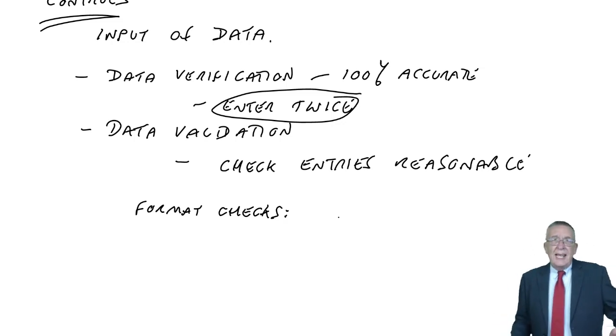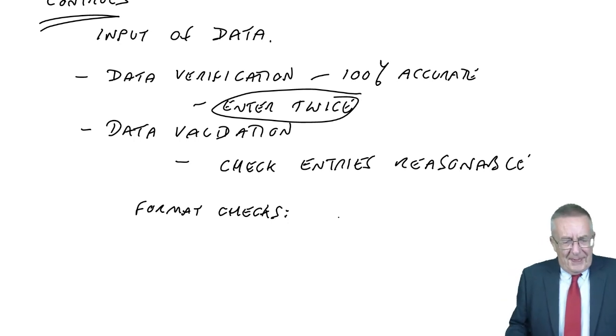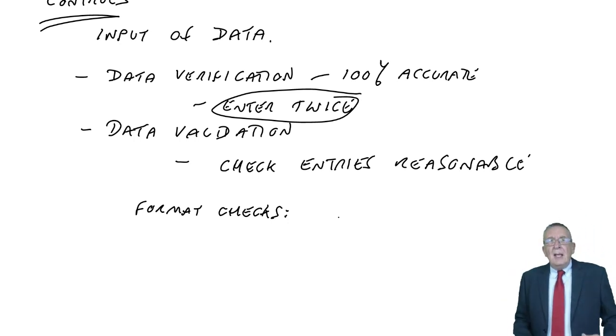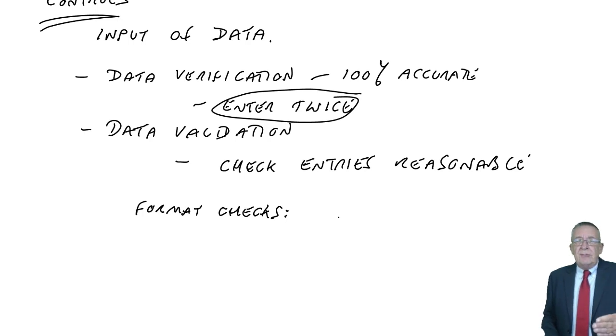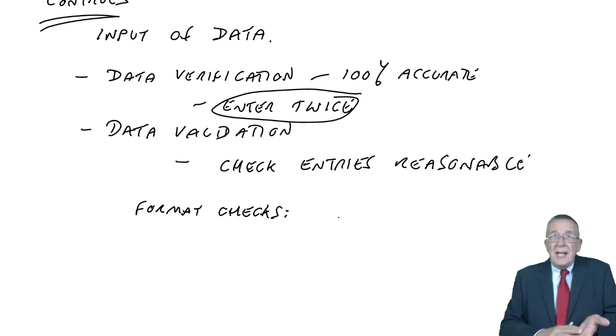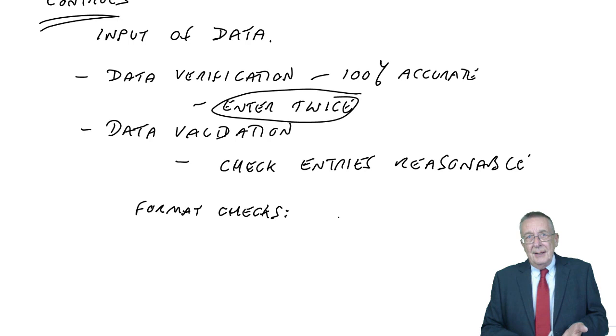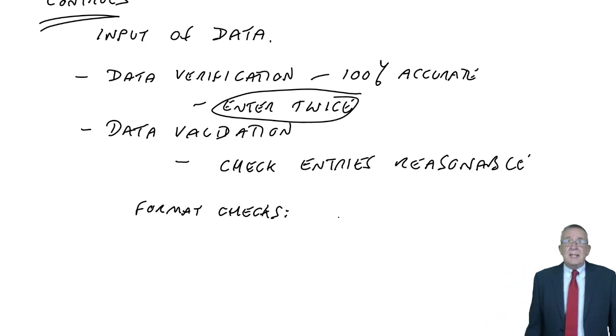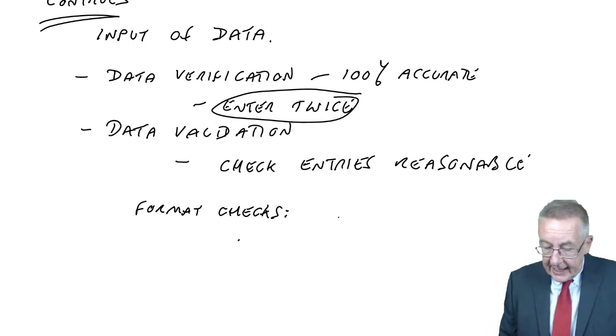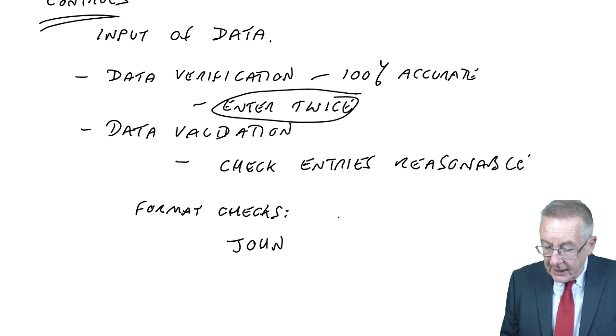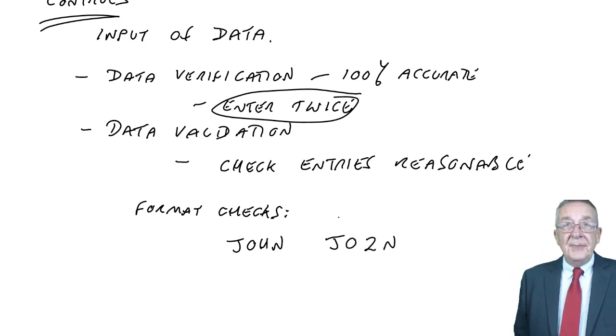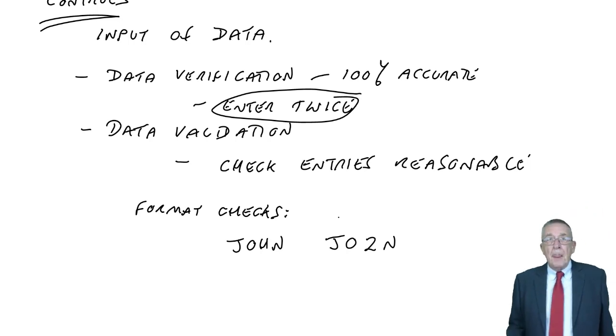For most of the data that's entered, we know what sort of entry it should be. For instance, a name. If you're entering somebody's name, it should be all letters. And if you mistype and hit a number, you're entering my name, John. If somebody mistypes and types JO2N, well, obviously that's wrong.